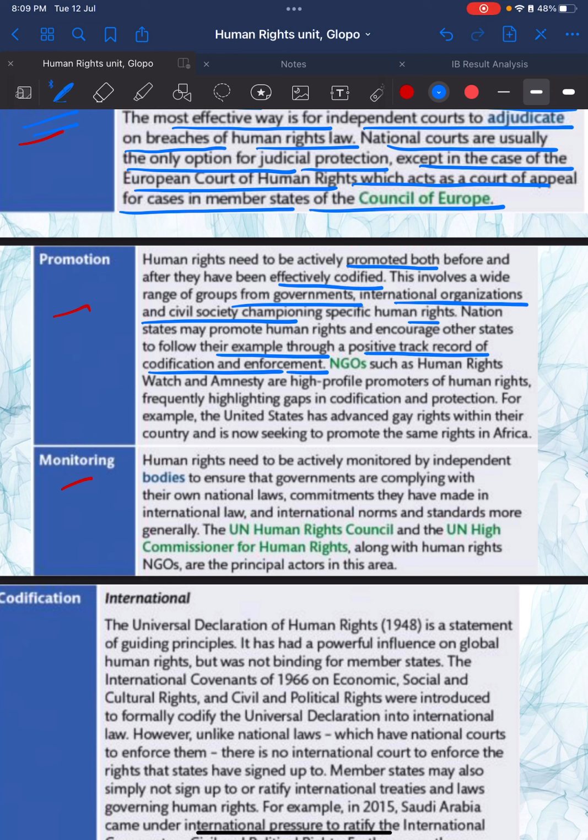That means promotion is not necessarily taking place only by state actors, but it can also be taken place by non-state actors also. State actors can set their own example, where they can say, okay, this is my example where I have been working very efficiently to protect human rights, and this is how you can also do it.